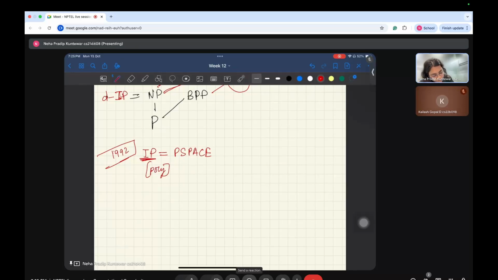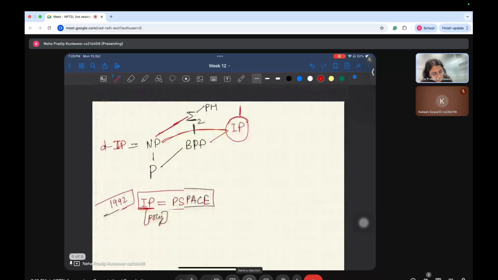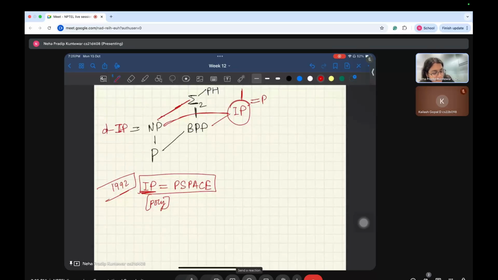So we know that this is in fact equal to the class PSPACE. We'll see one direction of this proof later on, but I'll not prove this right now. We'll get to it in a while.